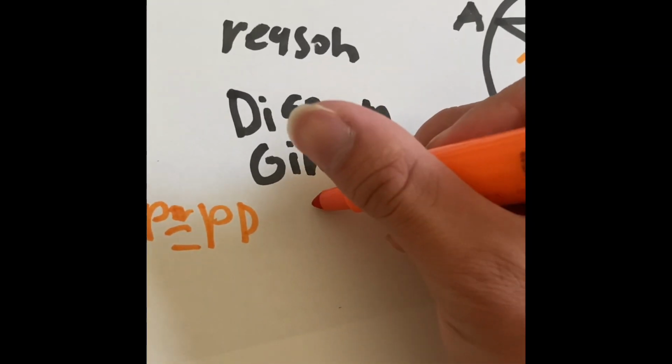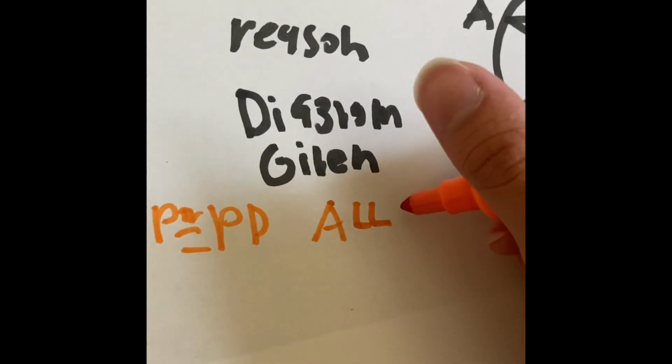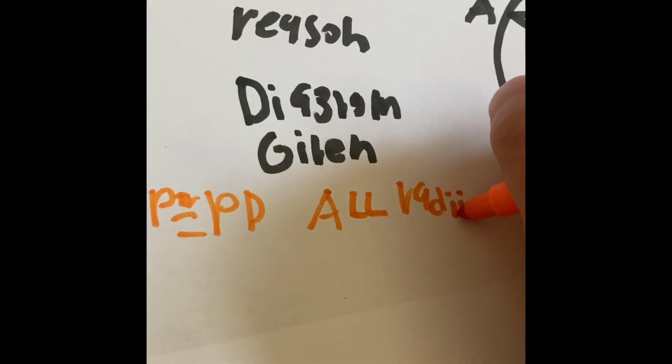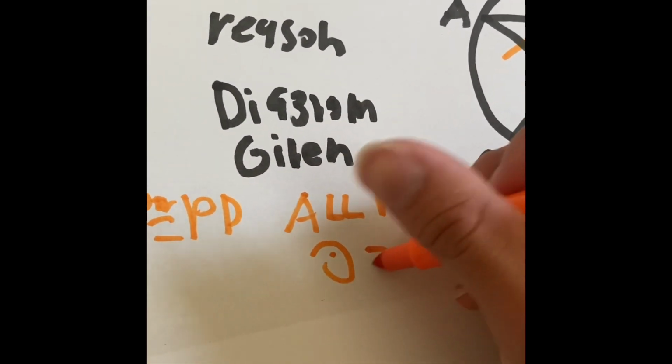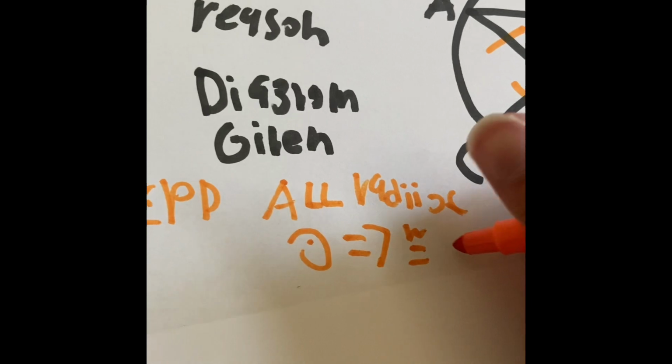We can say all radii of a circle can bring you to congruent segments.